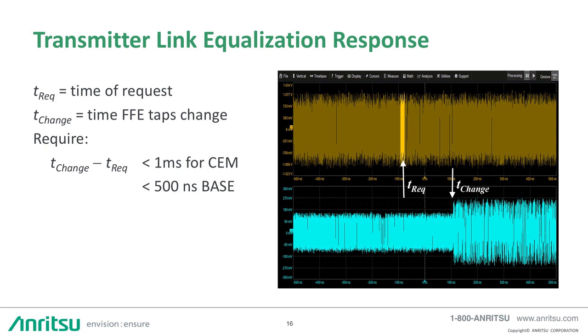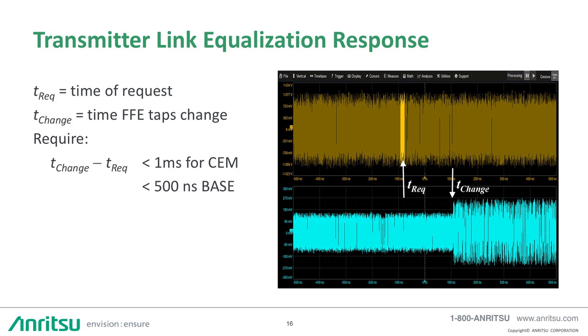The oscilloscope determines the time of the request by marking the time at which the packet containing the request is received, another example of its protocol functionality. The elapsed time between the timing that the taps change, T sub change, and the timing of the request must be less than or equal to the specified maximum, which is 1 millisecond for the CEM specification or 500 nanoseconds for the base specification.